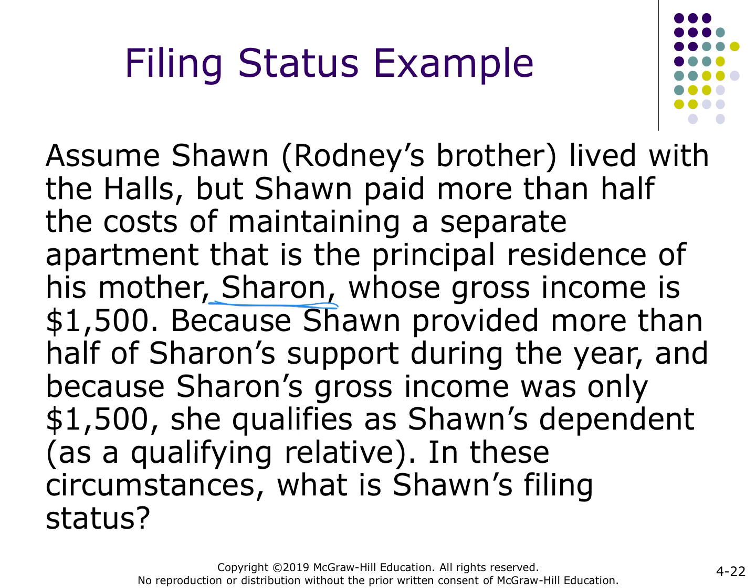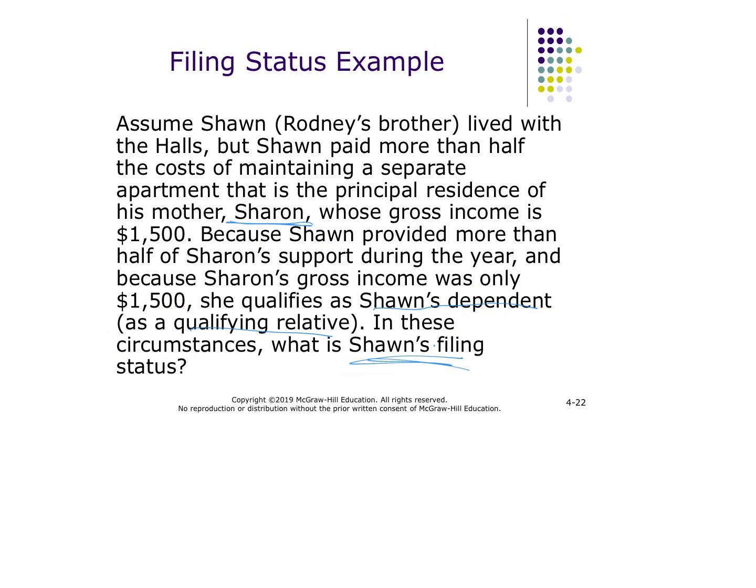Her gross income is $1,500. Sean provided more than half of the support, and Sharon's gross income was only $1,500. She qualifies as Sean's dependent, right, a qualifying relative. In these circumstances, what is Sean's filing status?